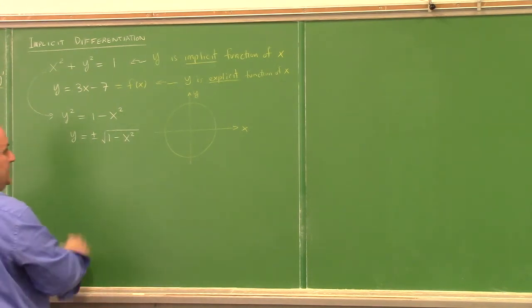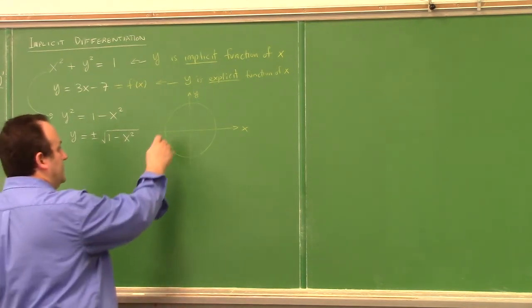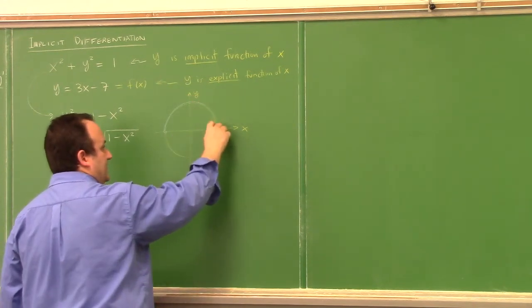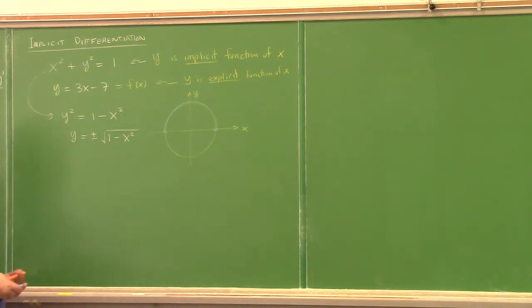Definitely you can get the top half of the circle from the plus, and you can get the bottom half of the circle from the minus. But can you get the whole circle as a graph of a function? We talked about this a while ago, but the answer is no, because you fail the vertical line test.